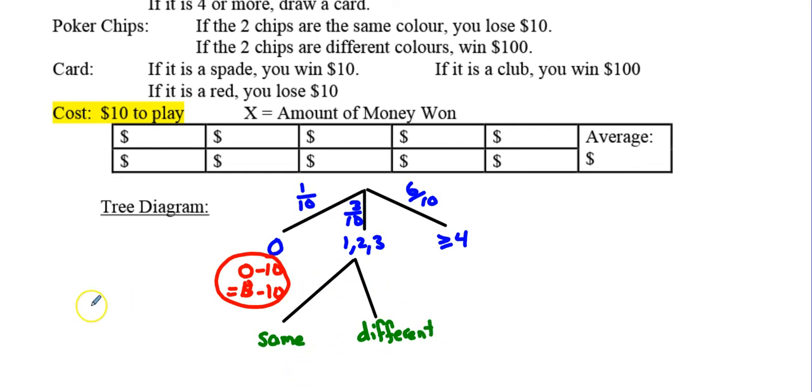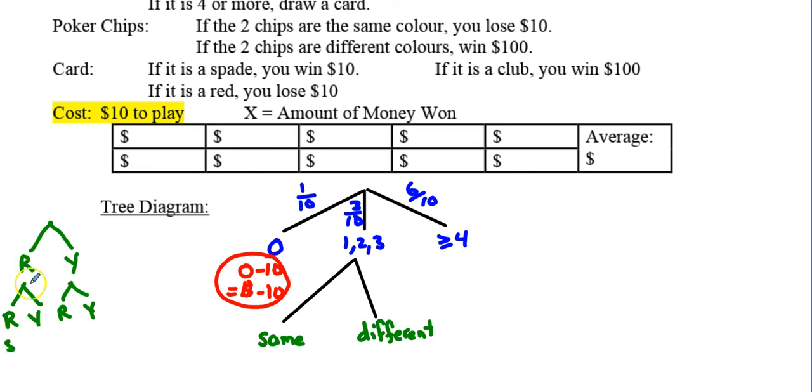And if you're not sure what the probability is, you can draw a little separate tree diagram. So when you flip the first chip, one side is red and one side is yellow. So that's flipping the first chip. And the second chip, you can flip a red or a yellow. So this outcome is red and red, so those are the same.